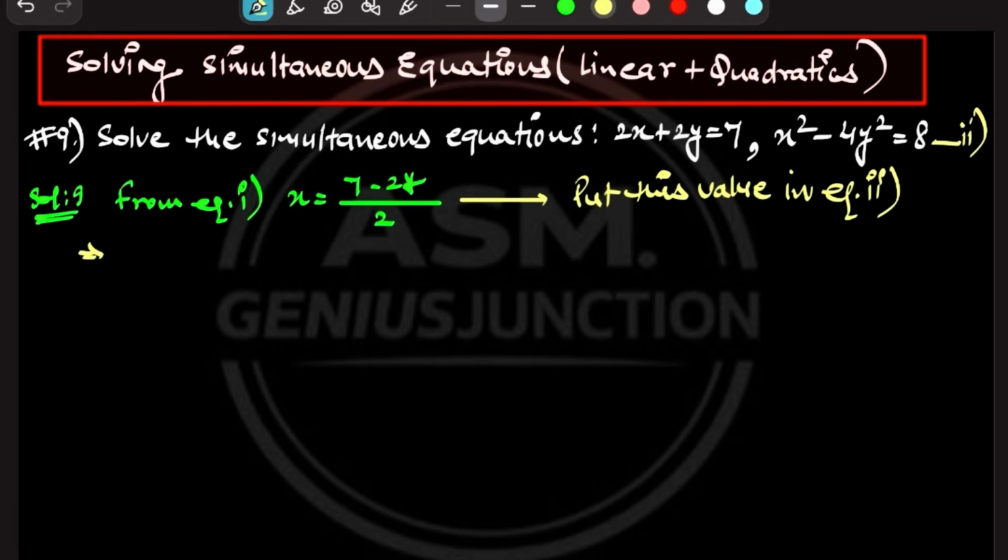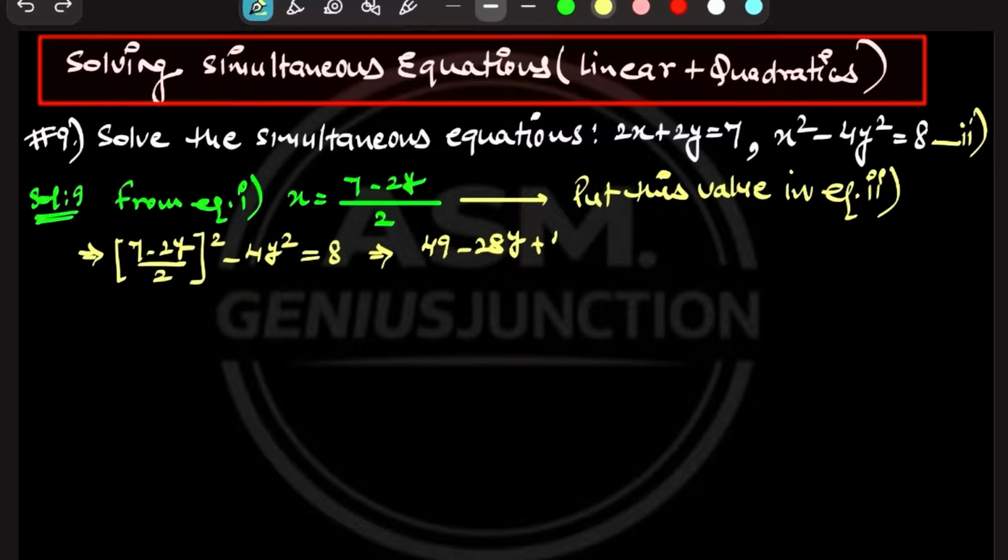This gives me ((7 minus 2y) over 2) whole squared minus 4y squared equals 8. I will open up the square of this expression. So I'm getting (49 minus 28y plus 4y squared) over 4 minus 4y squared over 1 equals 8 over 1.